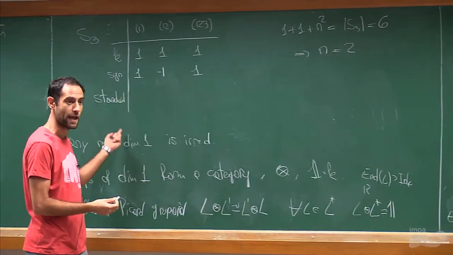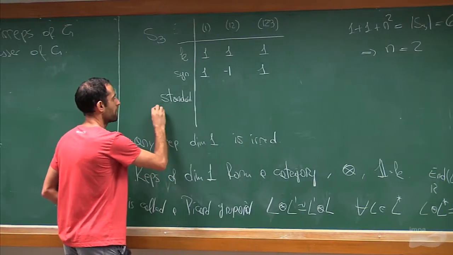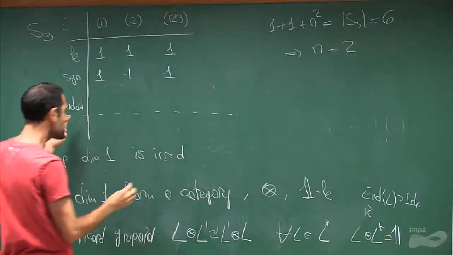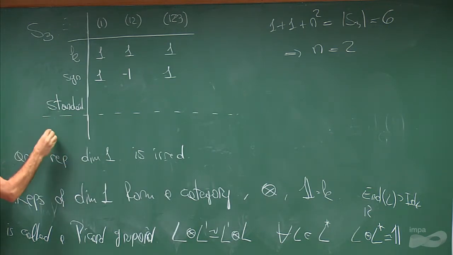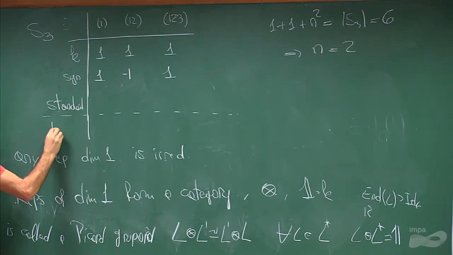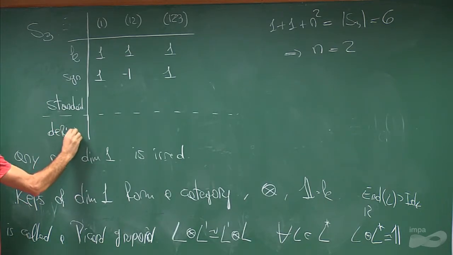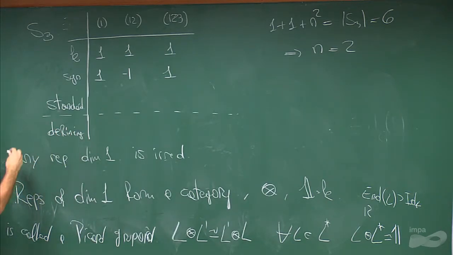But let's check it actually in this case. Instead of looking at an irreducible representation, Luis's idea is to look at the defining representation of S3, which is the action on a set with 3 elements.